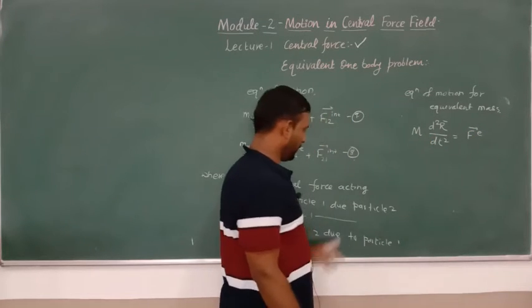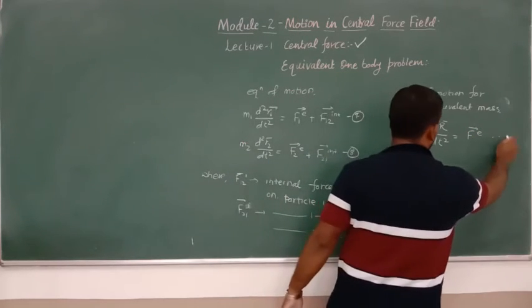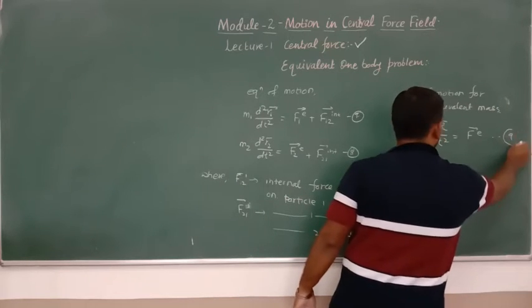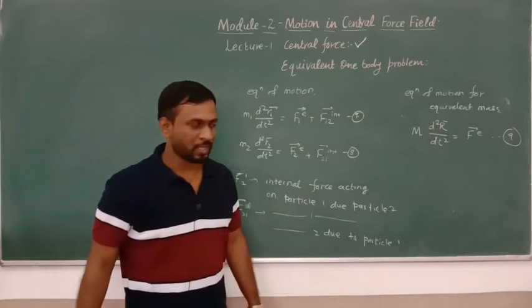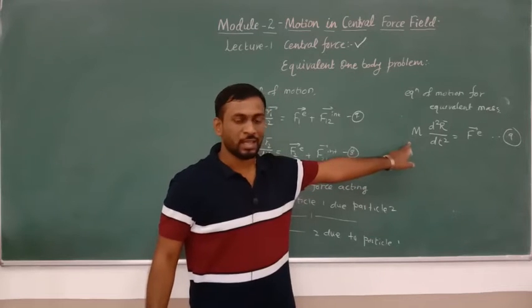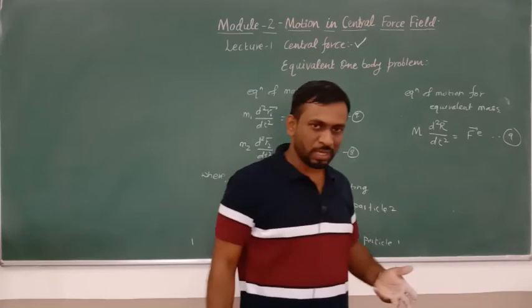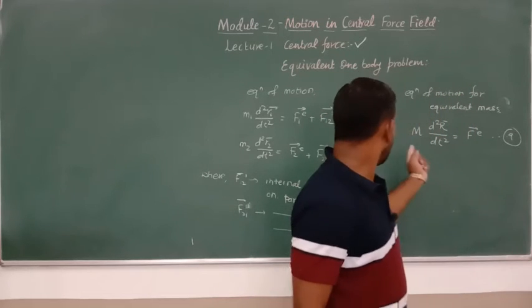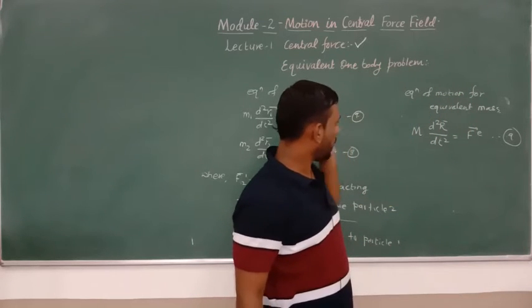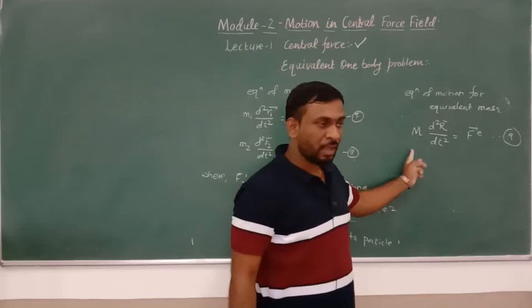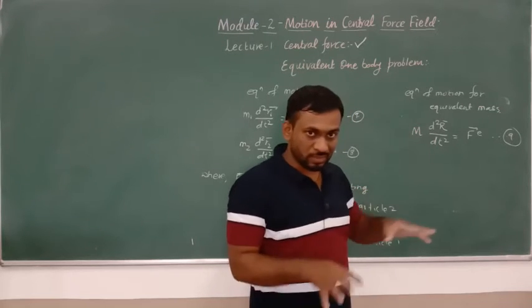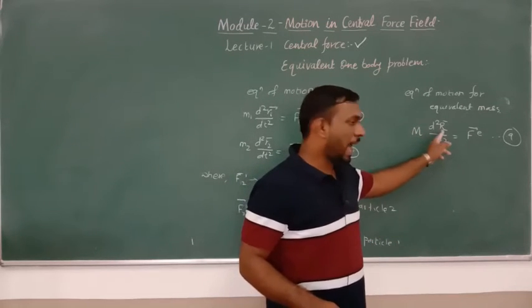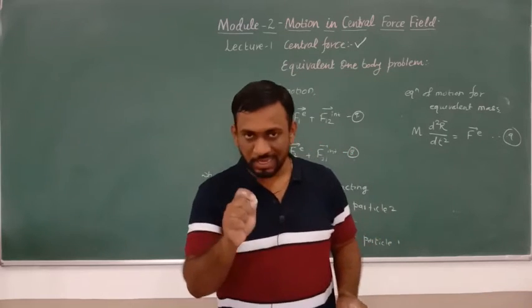Okay, so do you remember? Why am I writing only f external? In the last module we discussed that internal forces are eliminated when we consider Newton's laws of motion. So if we combine these two masses, we make the mass M, which is a single body, and r bar is the position vector of this center of mass.